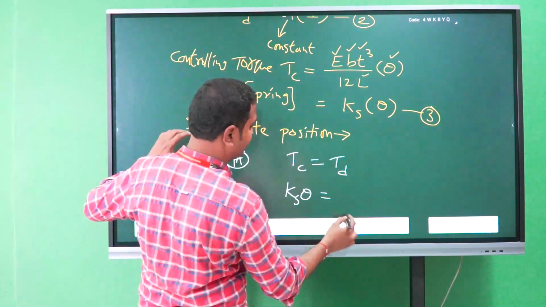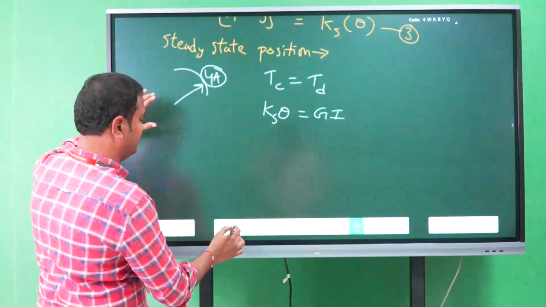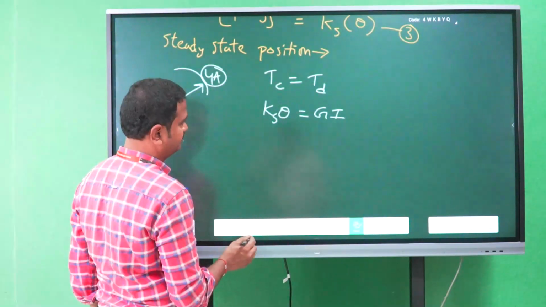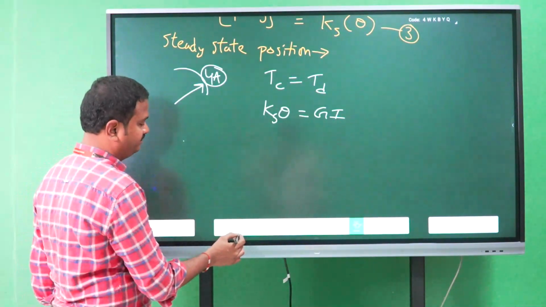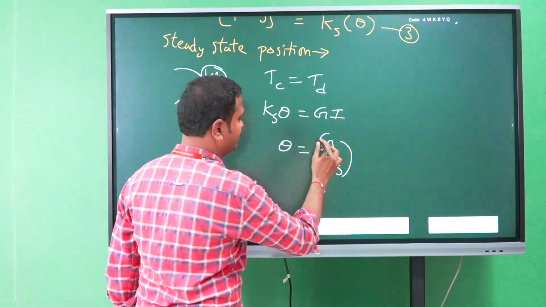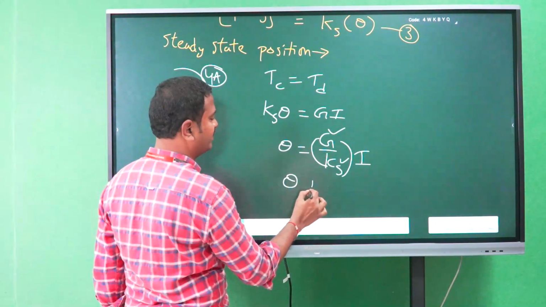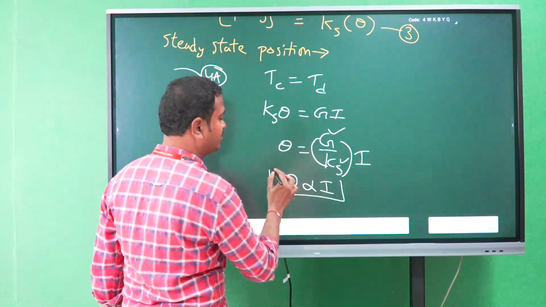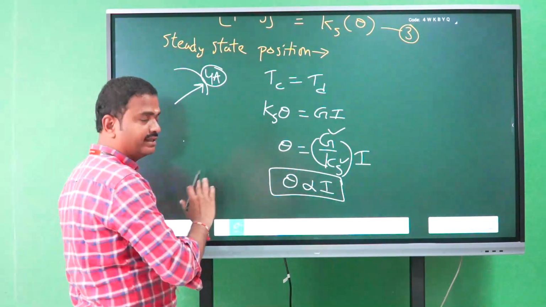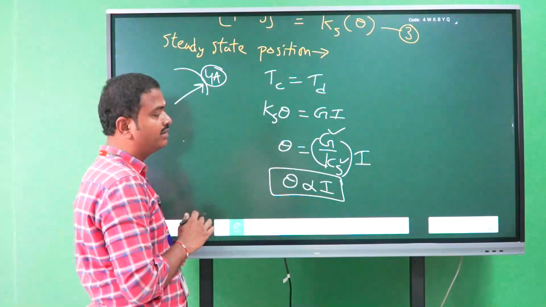Td means from the second equation it is G into I. Okay. Therefore, theta equal to G by Ks into I. G is also constant, Ks is also constant. Therefore, the angle of deflection is directly proportional to magnitude of current. Okay. So the pointer movement is directly proportional to the magnitude of the current flowing through the instrument.